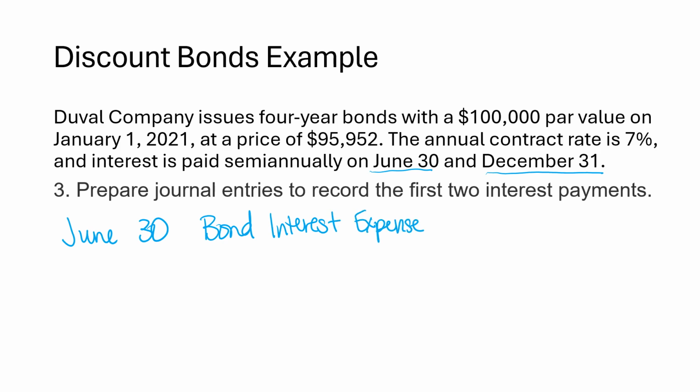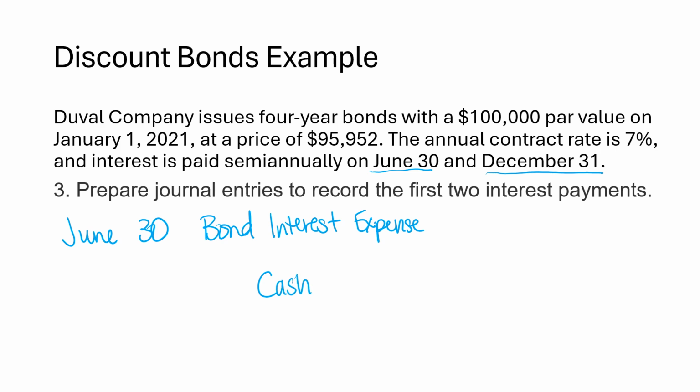Remember that this is an accrual entry. So that does not mean that all of what we're recording as bond interest expense is paid out in cash. But we do know that we are recording some interest expense. To represent the cash that is being paid out to the bondholder, we credit cash.